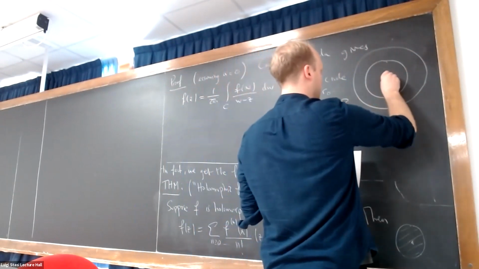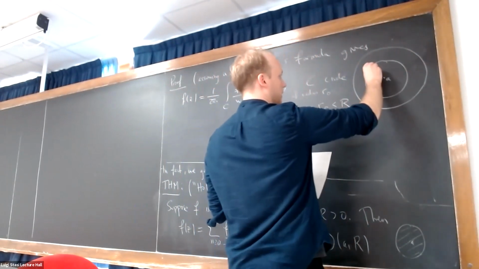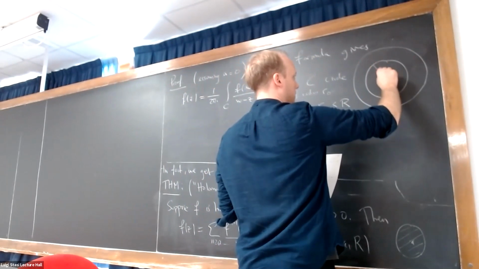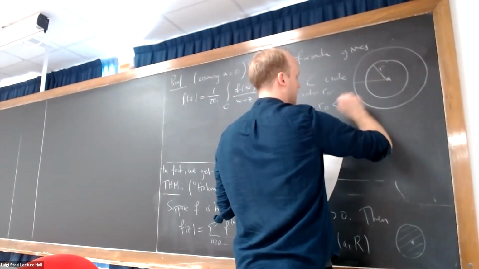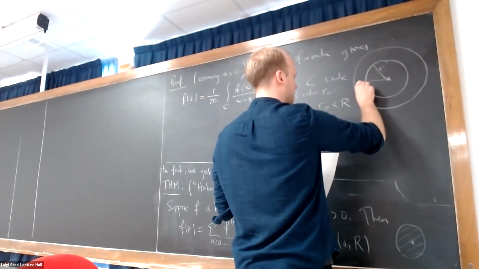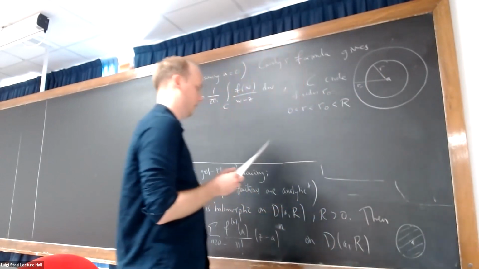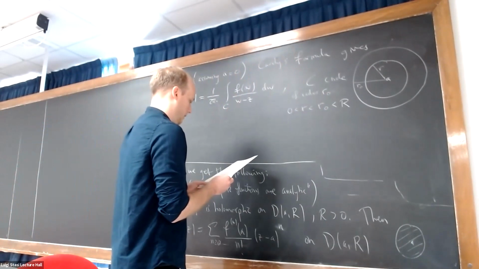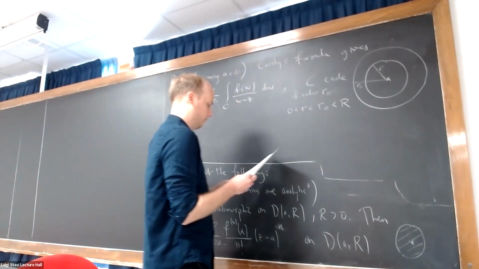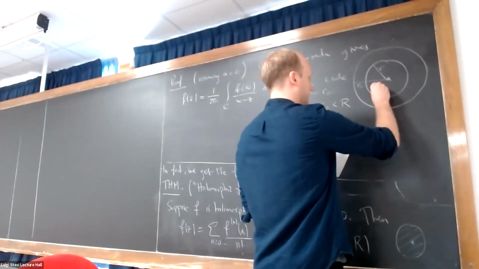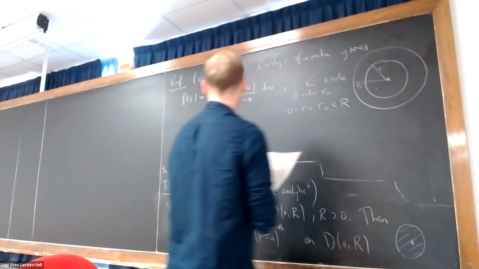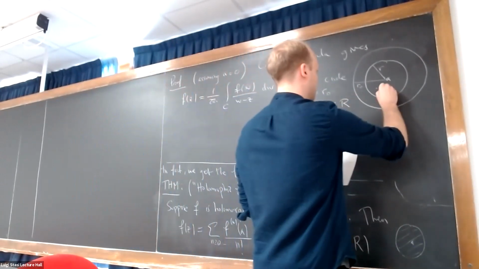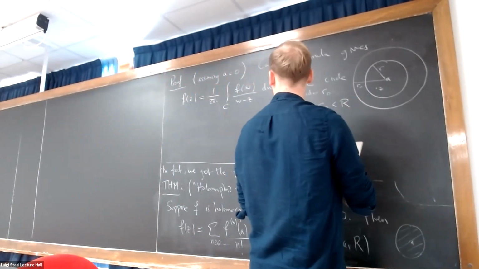So we have here in the middle a, then we have radius r, then we have radius r0 in the following way. Okay, and z is somewhere inside here.